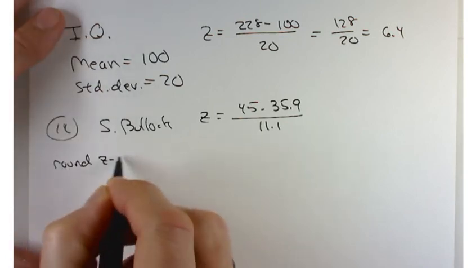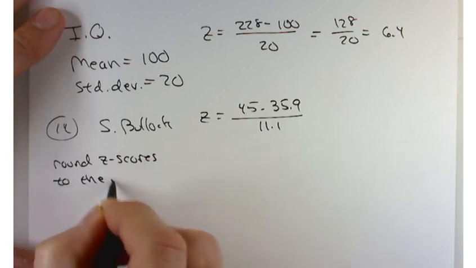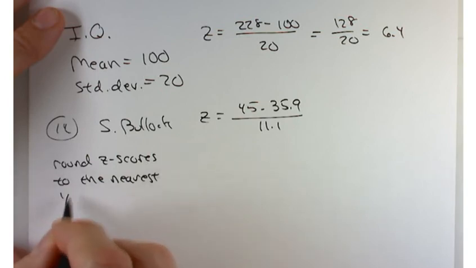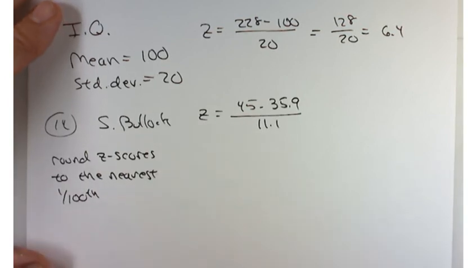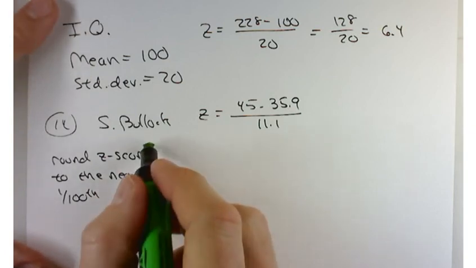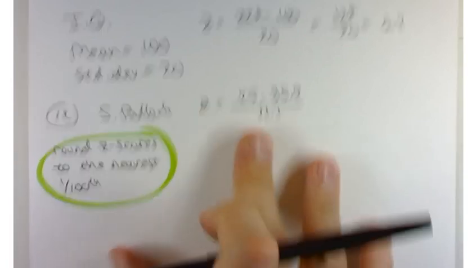Now, one thing about z-scores that I'd like us to always do is round z-scores to the nearest 1/100th. Always round to the nearest 1/100th. Now, it's probably something that drives some of my algebra students a little bit crazy. I'm always specifying one number or another, not as consistent as I'd like to be. If I had a conscience, that would worry me, but I'm okay.